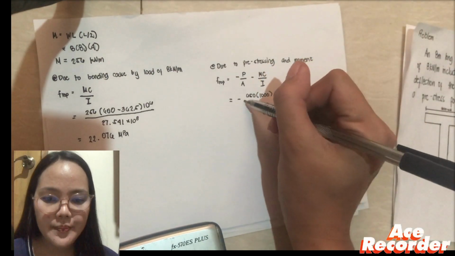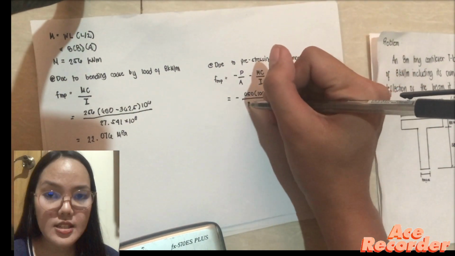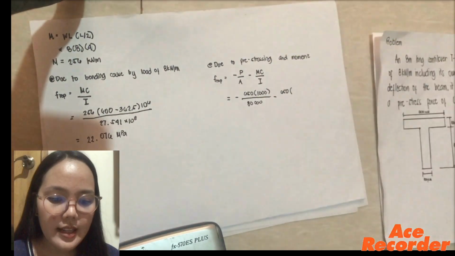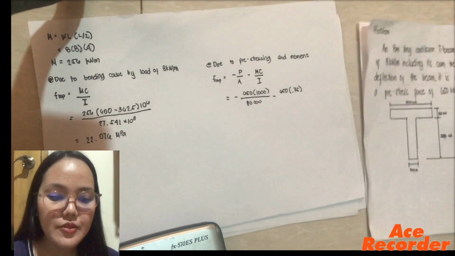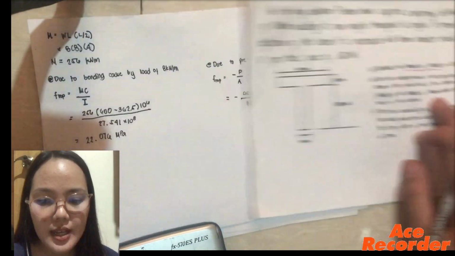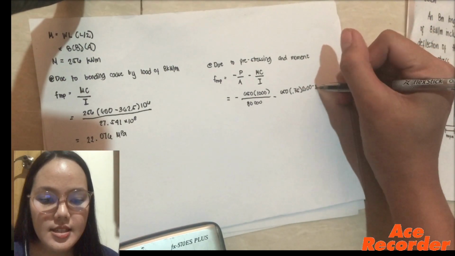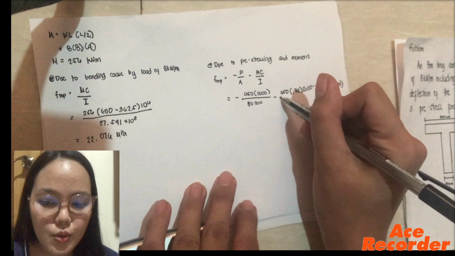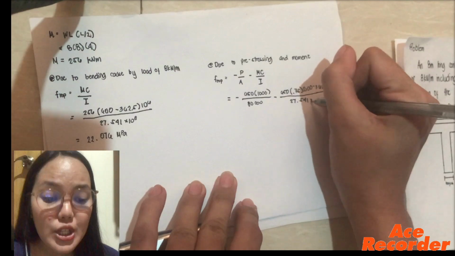It is the pre-stress force, 650 kN. And A is the total area, which is 80,000. And for the MC, we have 650 times 0.75. 0.75 came from the problem. And times the C, the centroid, 600 minus 362.5 times 1,000 over the inertia, which is 27.541 times 10 to the 8th power.